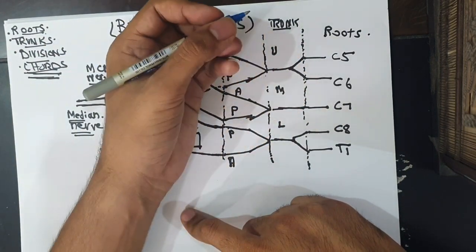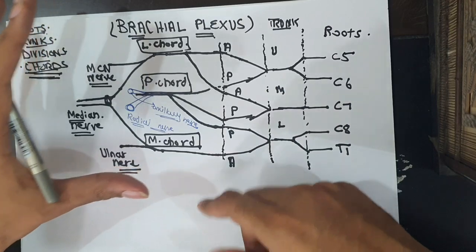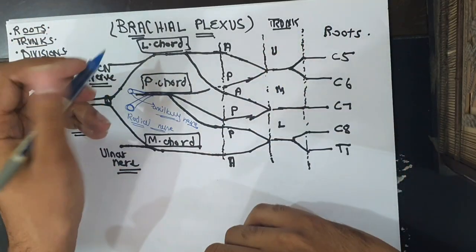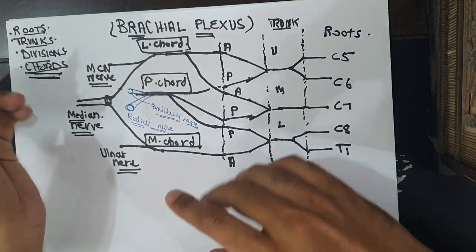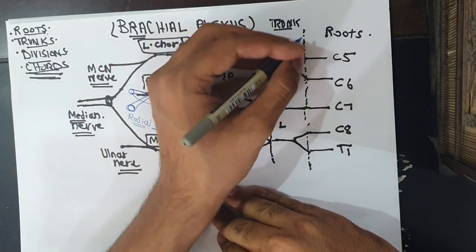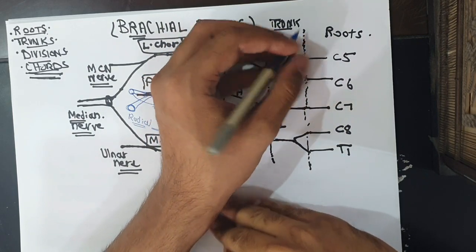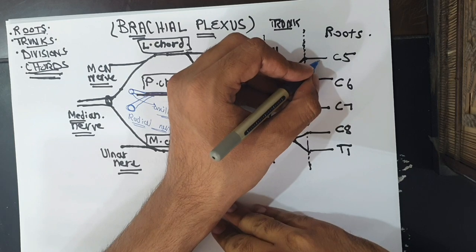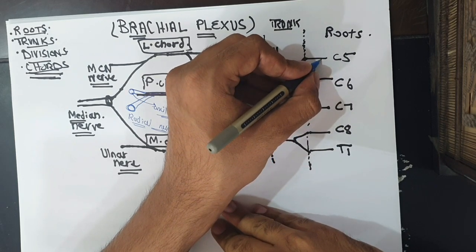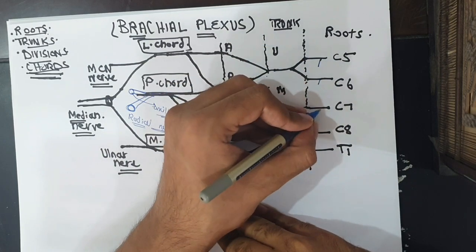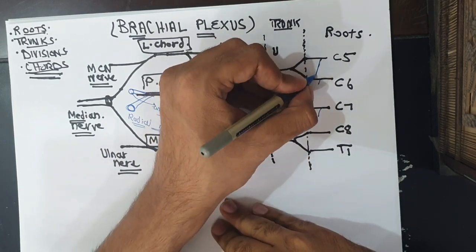Now some small nerves, this is the major and the big chunk that I've drawn here for you guys. The small nerves arise as well. Some of them are important and have clinical implications, such as the long thoracic nerve. The long thoracic nerve is formed from the primary rami of the C5, C6 and C7 nerves.